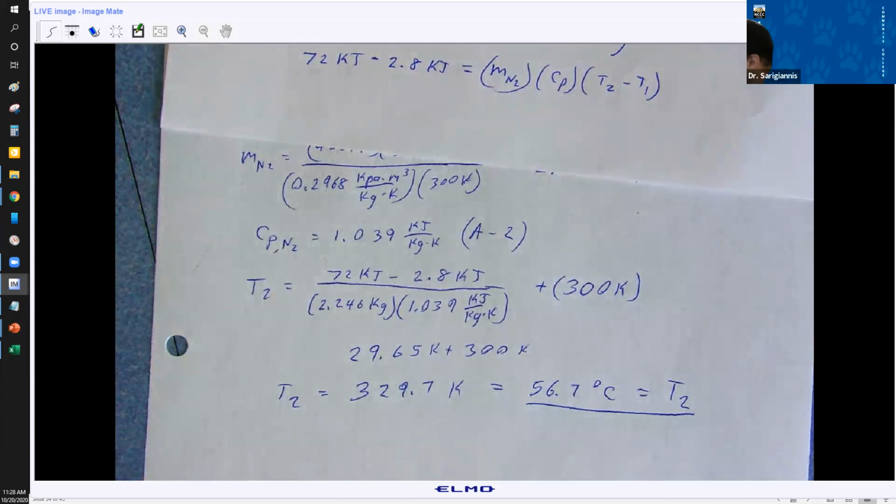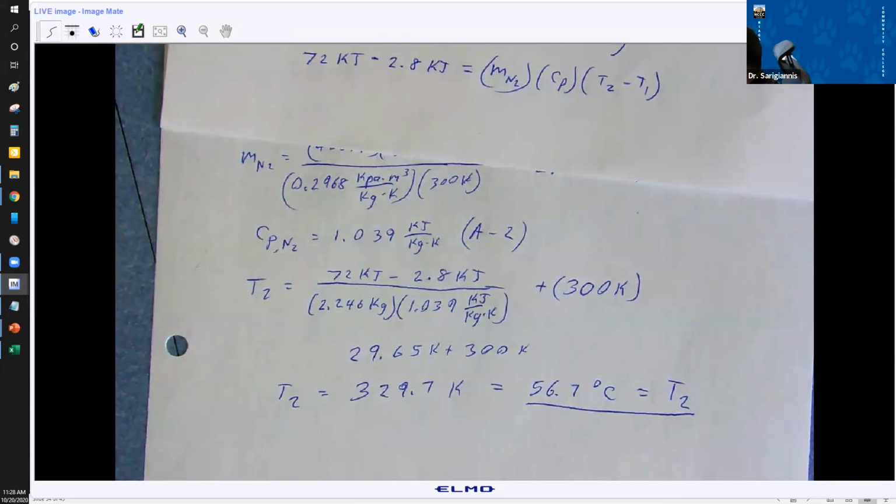So that was basically looking at the energy balance. We knew how much work was going into the system, we knew how much heat was leaving the system, so we knew energy in and energy out.